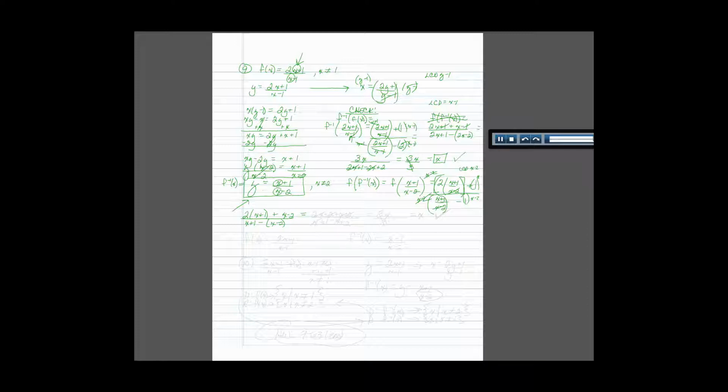Let's simplify. 2x plus 2 plus x minus 2 all over x plus 1 minus x plus 2. Alright, 2x plus x is 3x, 2 minus 2 is 0, x minus x is 0, 1 plus 2 is 3, and looky there, it checked also.